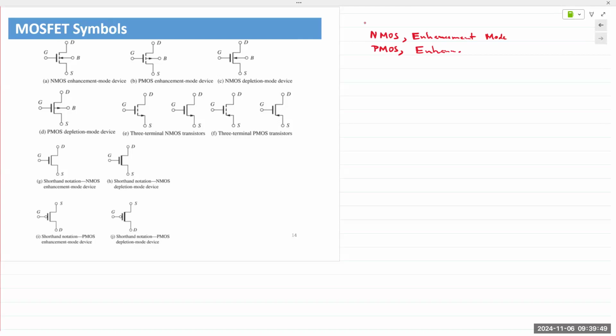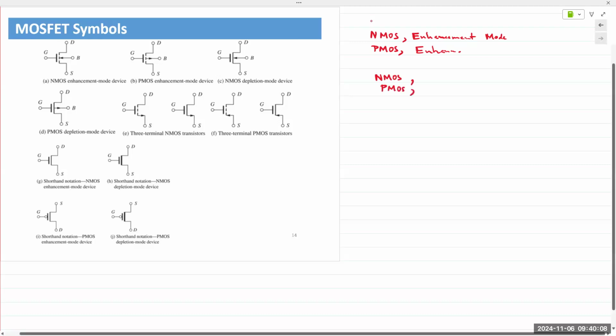And so if a channel already exists, now we need to apply a voltage to turn off the channel, not to create one. And so those are known as depletion mode MOSFETs. And so we have both NMOS and PMOS of the depletion mode kind.